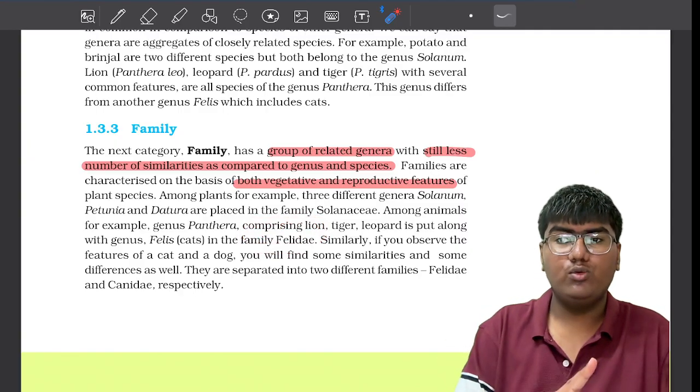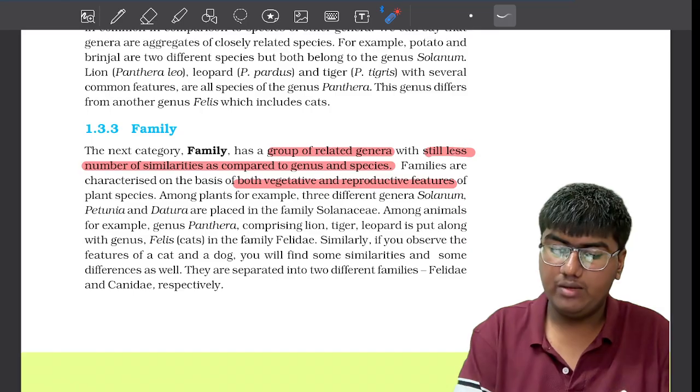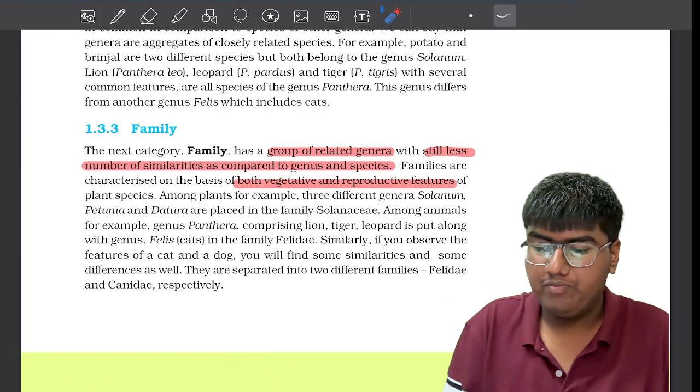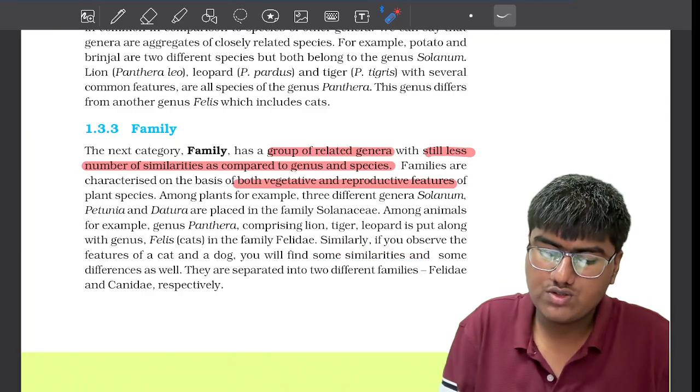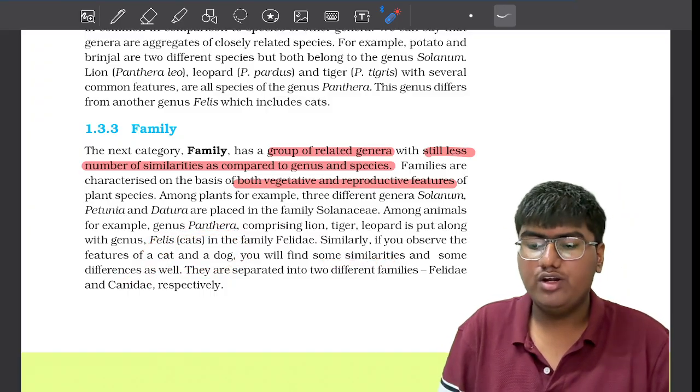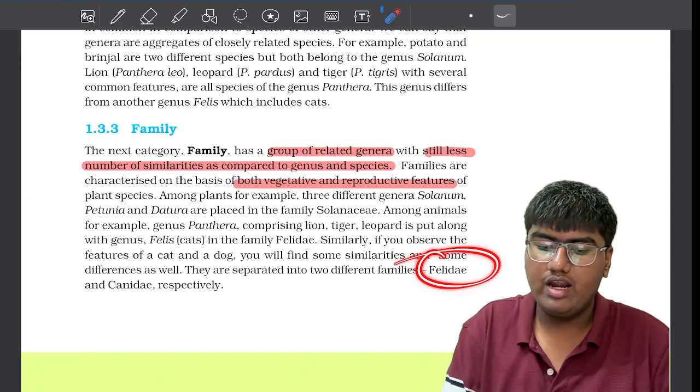So Felis and Panthera are taken into the same family, Felidae. Similarly, if you observe the features of cat and dog, you will find some similarity and some differences. They are separated into two different families, Felidae and Canidae.